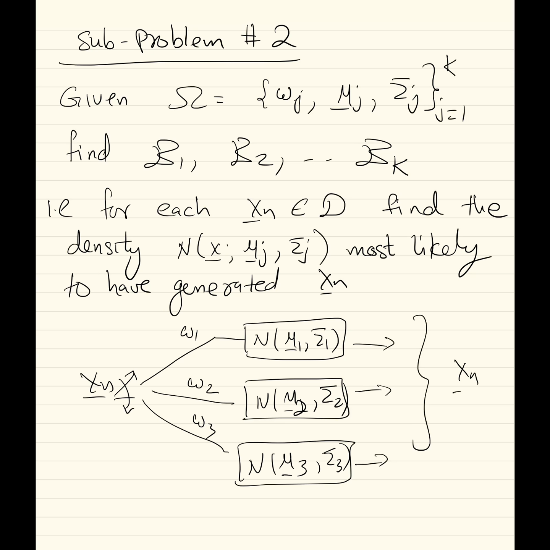And we know all these values on each of the branches. We know what W1, W2, and W3 are. We know what mu1, mu2, mu3 are. We know what sigma 1, sigma 2, and sigma 3 are. And we want to know which path was actually taken. Did xn come from the first density? Did it come from the second density? Did it come from the third density? That is what we are interested in. We want to do it for each xn, and that's how we will construct the sets B1 to Bk.